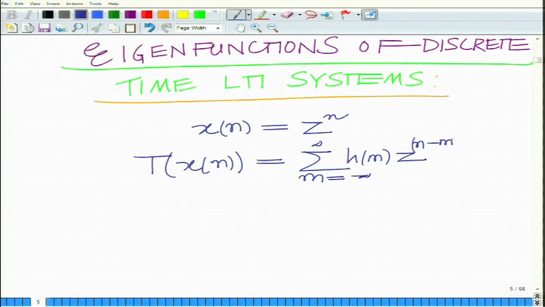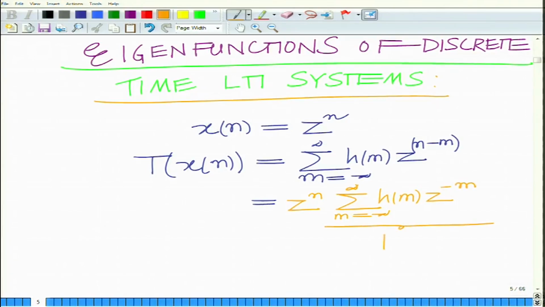Now, I can bring the z to the power n outside. So, this will simply be z to the power n times summation m equal to minus infinity to infinity h of m z to the power minus m, which is a function that depends only on the impulse response.